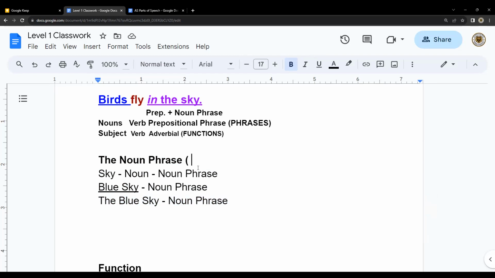La forma completa va a ser article más adjetivo más noun. Pero no necesitamos las tres cosas. Las podemos tener todas o podemos tener nada más una o nada más dos. Como en este caso, the sky nada más tiene article y noun. Okay?